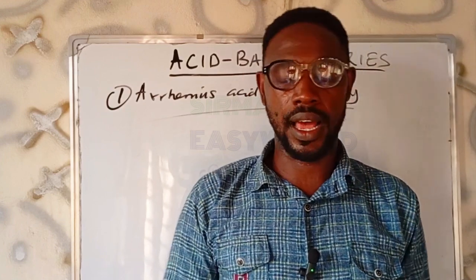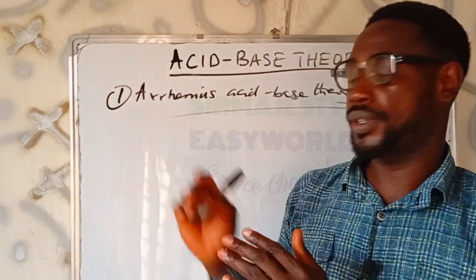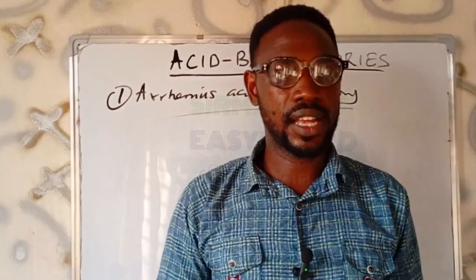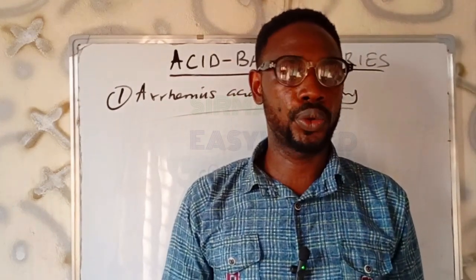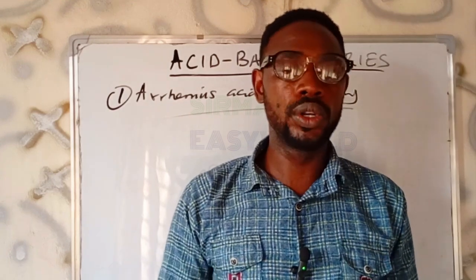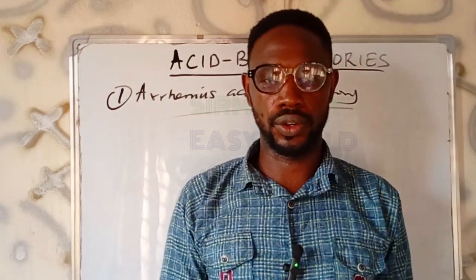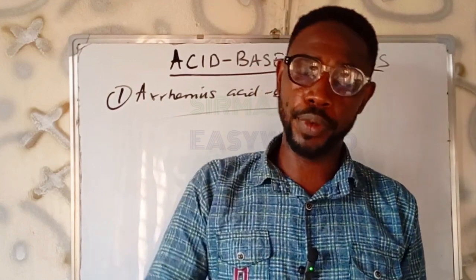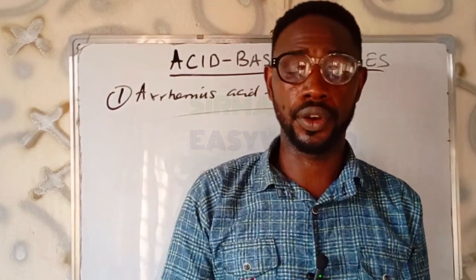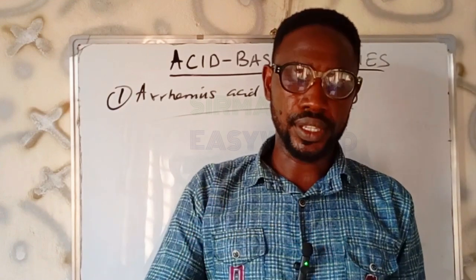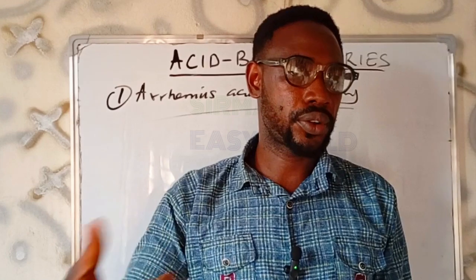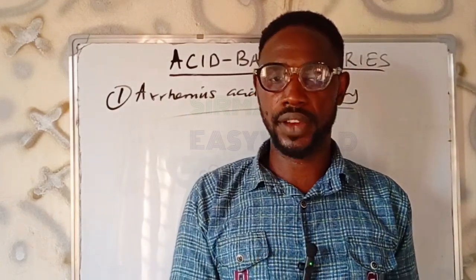So are bases. By definition, Arrhenius told us that acids are substances that dissociate in water to produce hydrogen ion as the only positive ion, or that dissociate in water to produce hydroxonium ion or hydronium ion as the only positive ion, while bases are substances that dissociate in water to produce hydroxyl ion as the only negative ion.